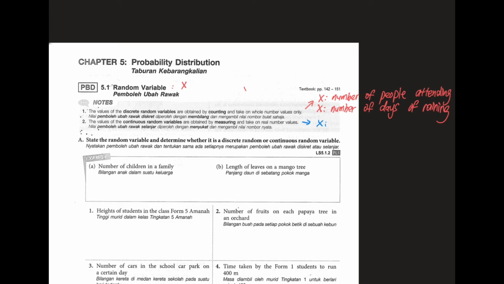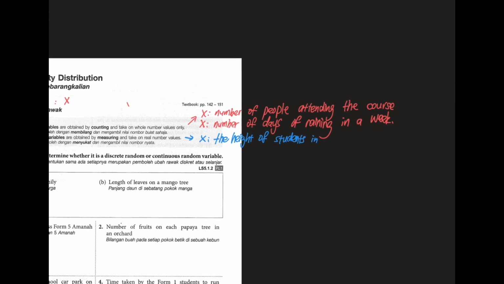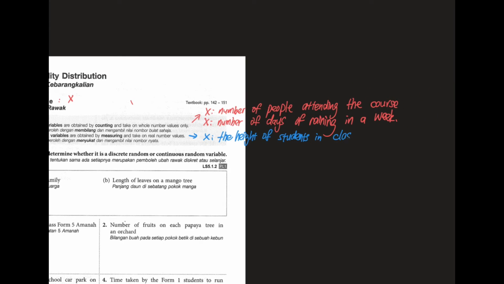Let's say the height of students in class 5A, for example. The height of students, so you want to find out the height, you have to measure their height. You cannot count their height, you have to measure their height.